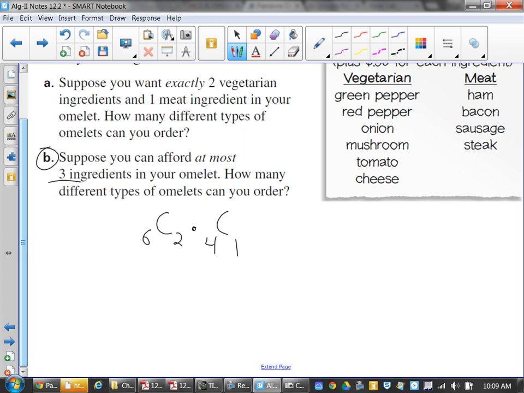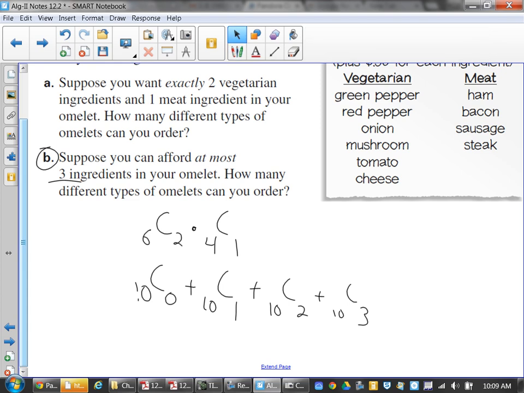There's 10 of them. So you could take 10 ingredients and choose nothing, or 10 choose 1, or 10 choose 2, or 10 choose 3. Do you see how the vocabulary of that is very subtle, but it's not crazy? It's a very subtle difference in how it's worded. Okay? Very, very subtle. The at most, at least, that's pretty much a dead giveaway. It's going to be an or problem because you're looking at adding things in or subtracting things out.